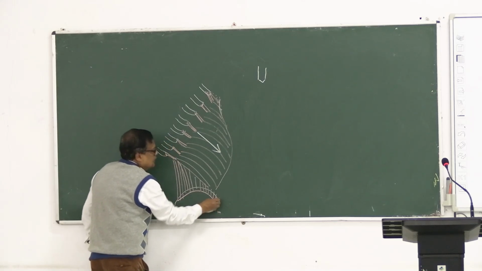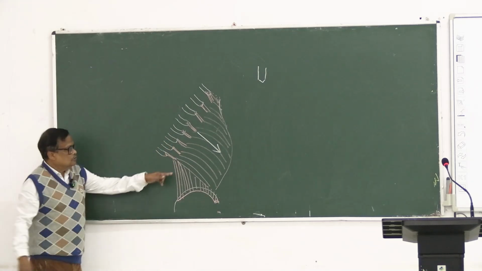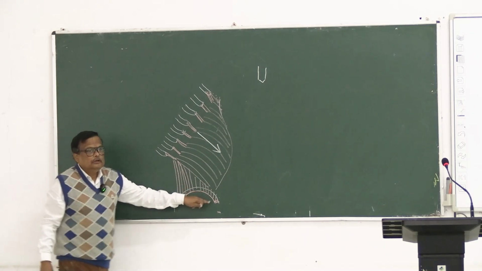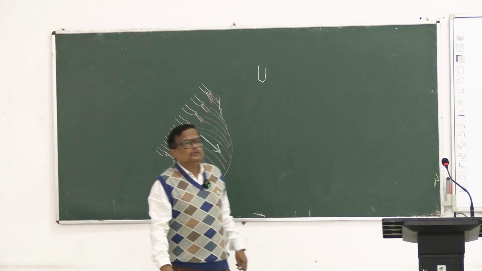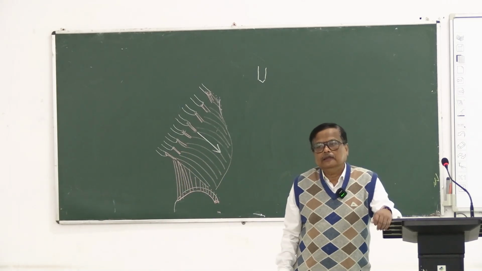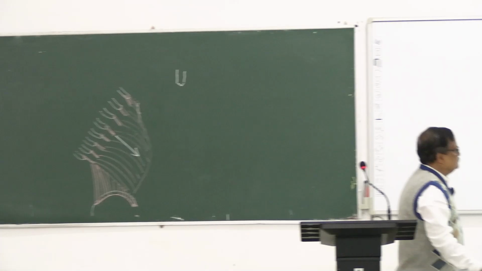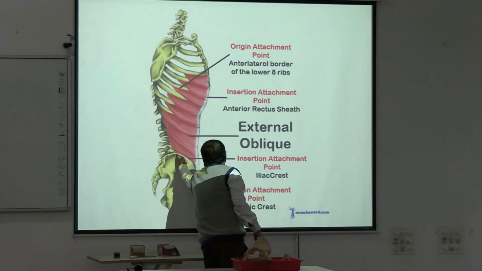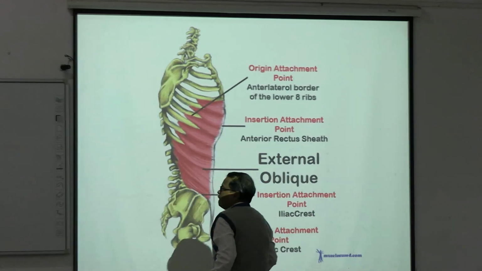So the most posterior fibers directly inserted into the outer lip of the anterior 2/3 of the iliac crest, এই জায়গাটায়. Right?